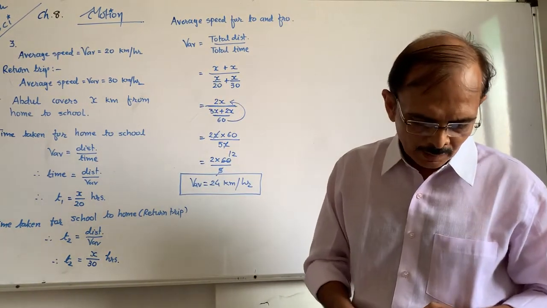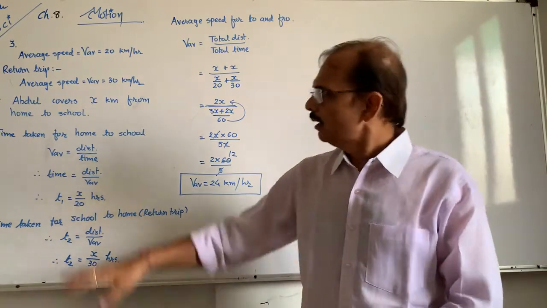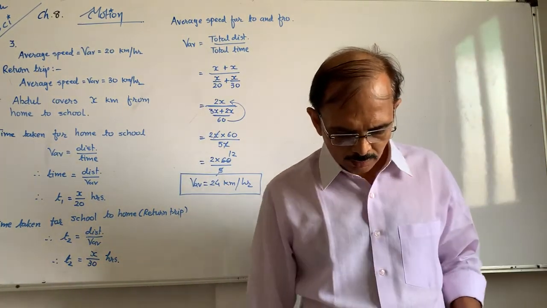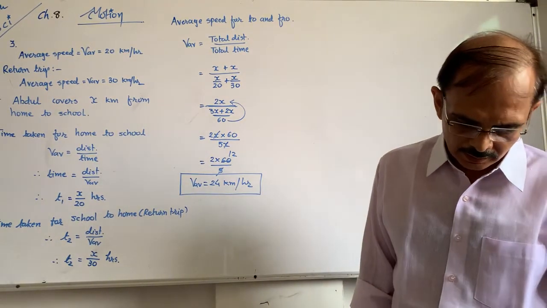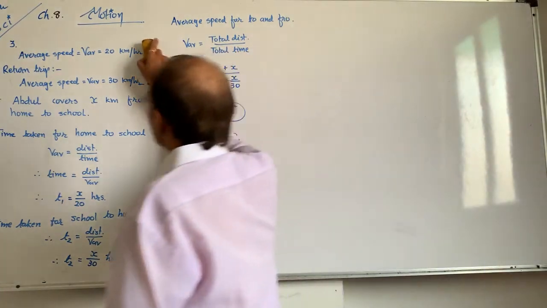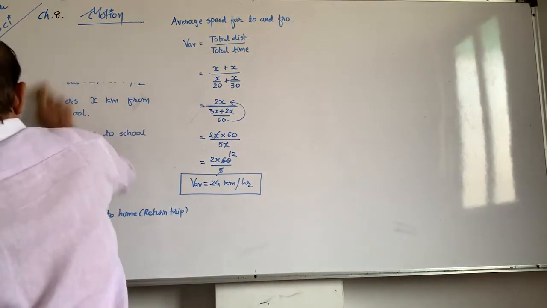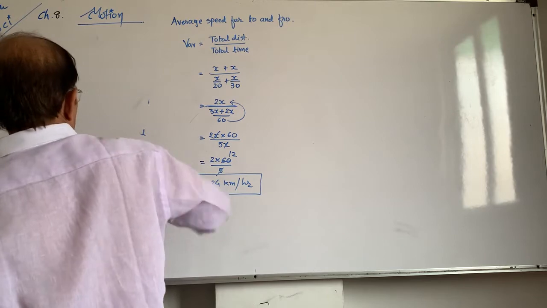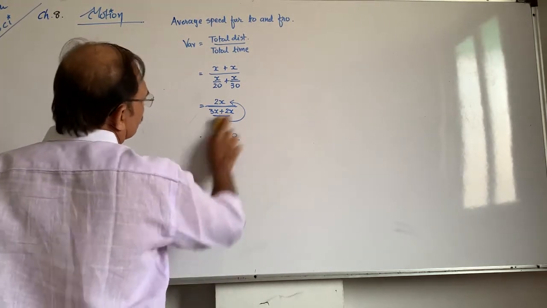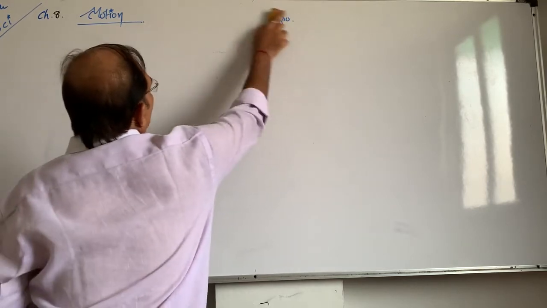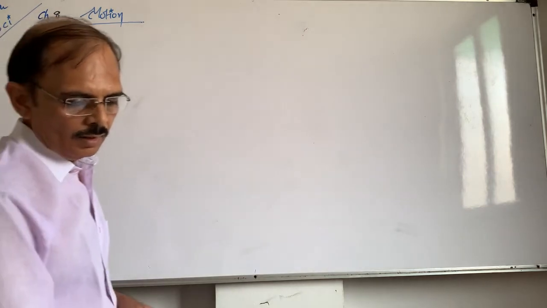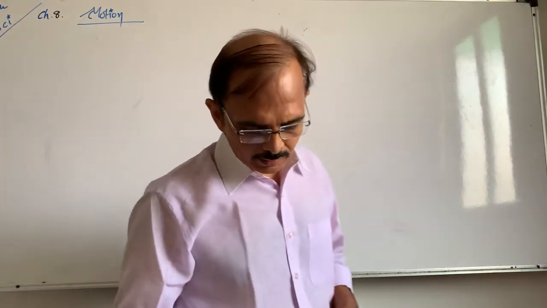Is it okay? Now number 4. Write down this. I am going to rub it. Number 4, a motorboat starting from rest.